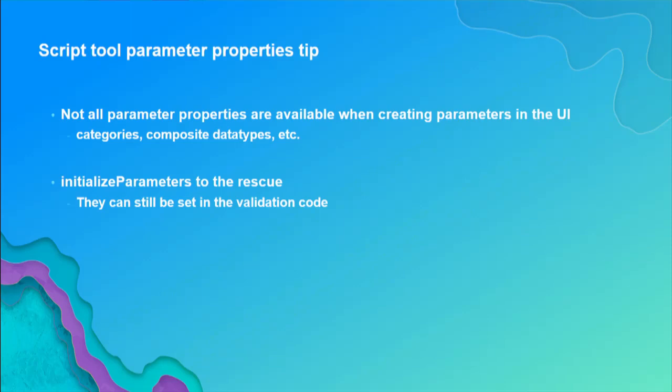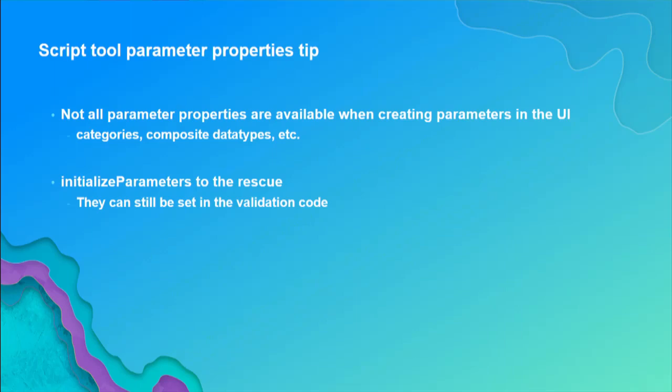Yeah, and this is going to come up too. Sometimes someone will want to do something with a script tool, but it's not obvious or not visible through the UI. For instance, in ArcMap, there's a notion of categories. You can pull up some tools and they have those little collapsible sections to the group. You can't set that through the UI, but it's a parameter property, so you can change that in initialize parameters within the script tool.